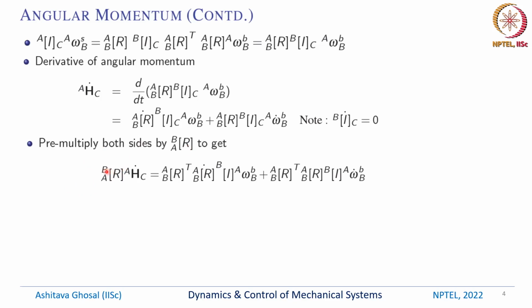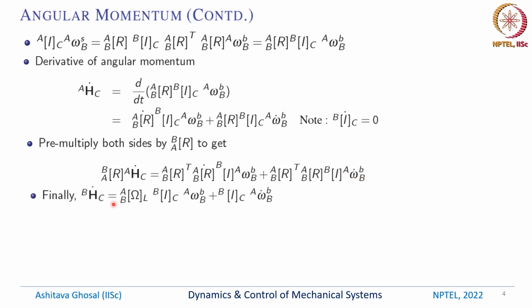If you pre-multiply by this, you can see this A and A will sort of cancel, and you will be left with the derivative of the angular momentum in the B coordinate system, and the right hand side we'll have now ABR transpose into ABR dot into this inertia matrix into A omega B, and then here we have ABR transpose into this ABR. Okay, so this again becomes an identity matrix, and we'll have BI and A omega B derivative of that.